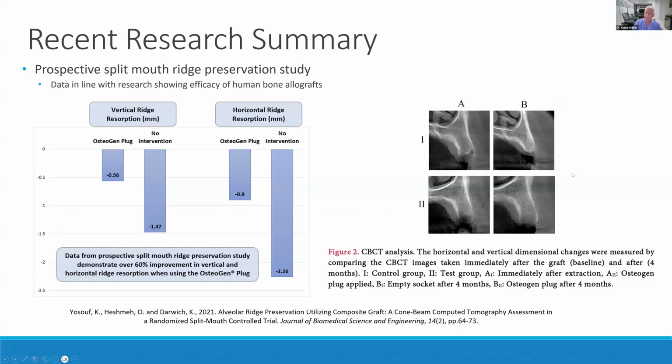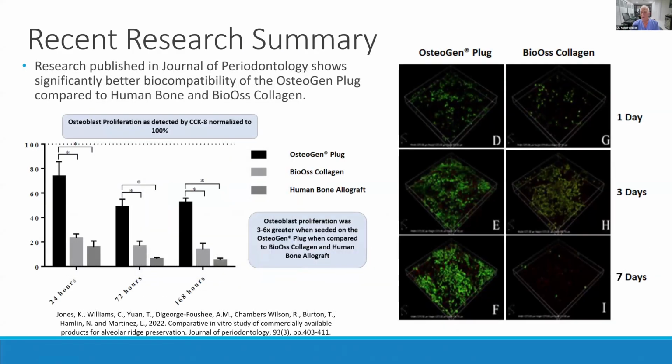And also we want to know that if we're going to be using a material, that it's going to be conducive to cell migration and cell proliferation. So what we see here is 1 day, 3 day, and 7 days, and cellular proliferation on graft materials.